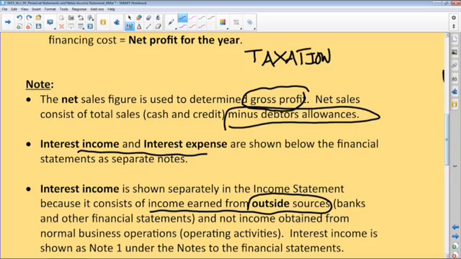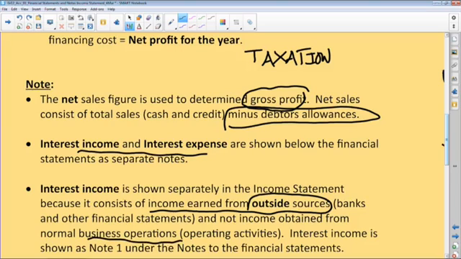It is income that you have earned as a result of your investments. So therefore, it's not income from normal business operations. It is not from operating activities.